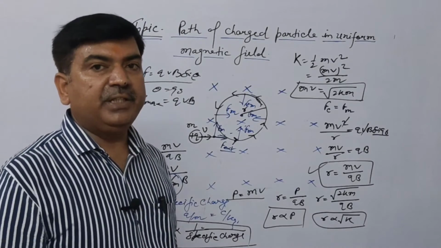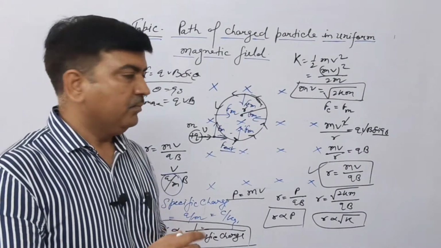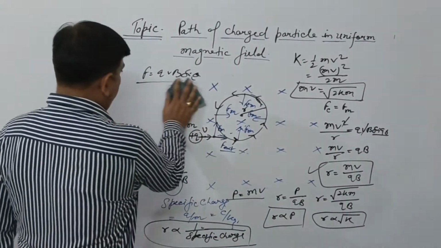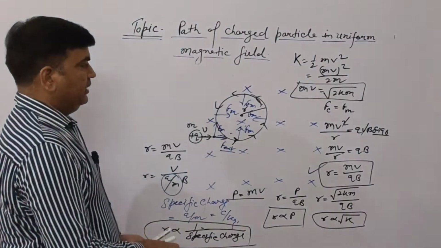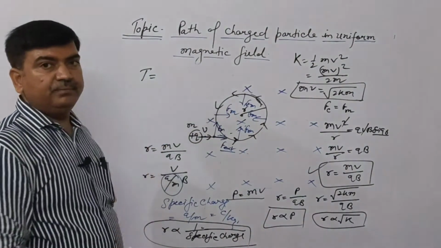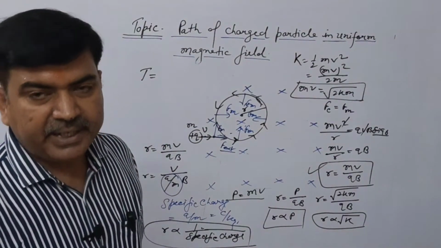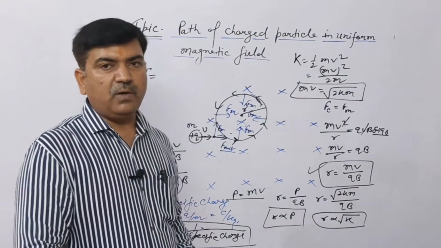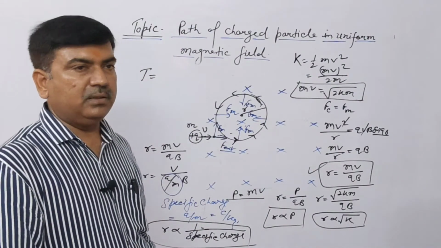Children, after that we discuss the time period. You see here, the time period. Everyone knows the time period of revolution is the time taken by the charged particle to complete one revolution in the uniform magnetic field in a circular path.